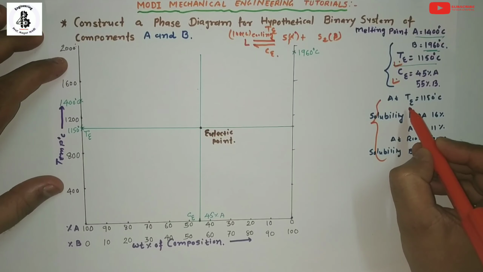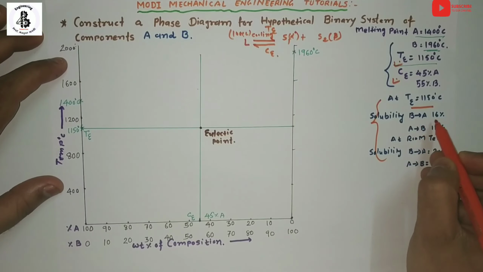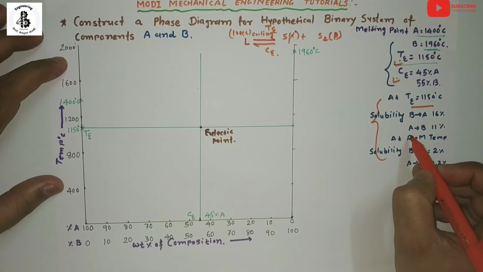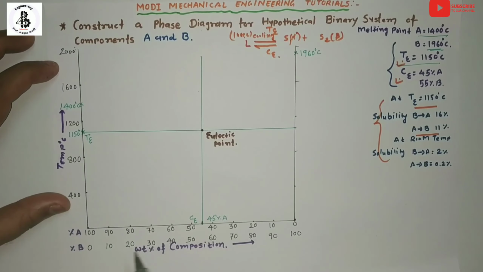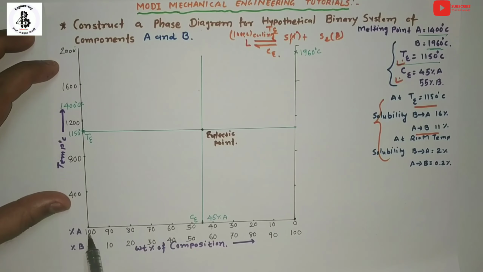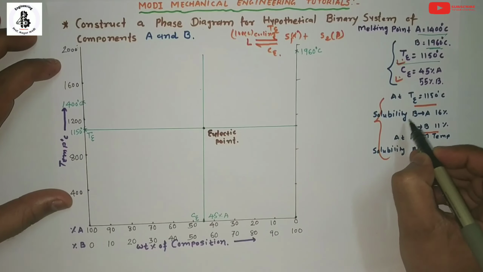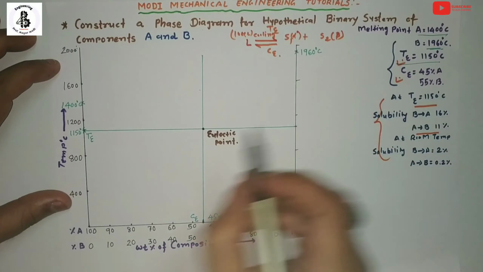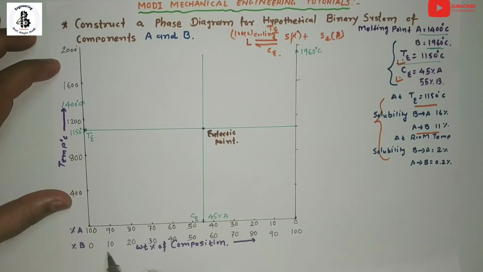At the eutectic temperature, the solubility of B into A is 16%, and the solubility of A into B is 11%. Now at the left side, or you can say at 100% of A, moving in this direction, B will be added into A. So this is the side of the solubility of B into A. According to this, at the eutectic temperature, the solubility of B into A is 16%.